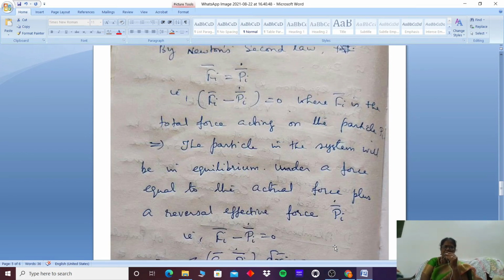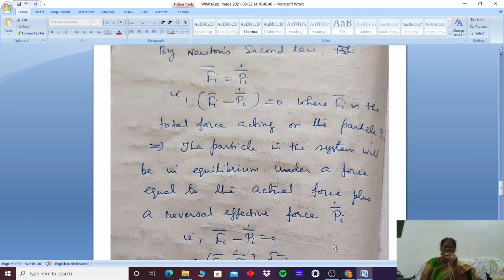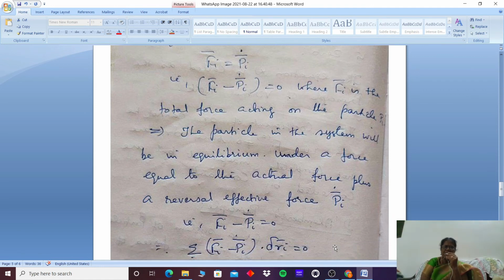Now, like the previous one, we are finding the dot product with delta Ri. Here the particle is in the system where the system will be in equilibrium, because we are getting the left hand side equal to 0. So in place of Fi, here we have Fi minus Pi dot, which is equal to 0.